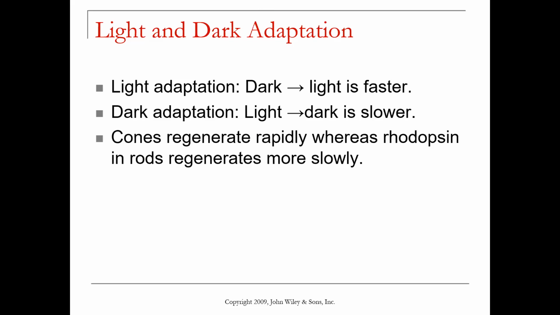And that's when we go from light to dark. The rods take more time to develop the rhodopsin. And so when we go from a brightly lit room to a dark room, or from inside to outside, it takes a while to recover our night vision, because bright light destroys our night vision. It takes time, maybe 20 minutes or so, for our rhodopsin to come back. Whereas going from outside to inside, our eyes adapt very, very quickly.